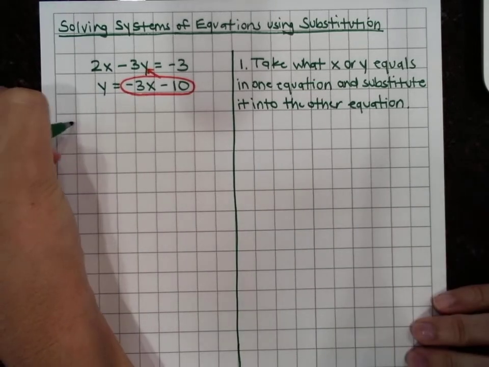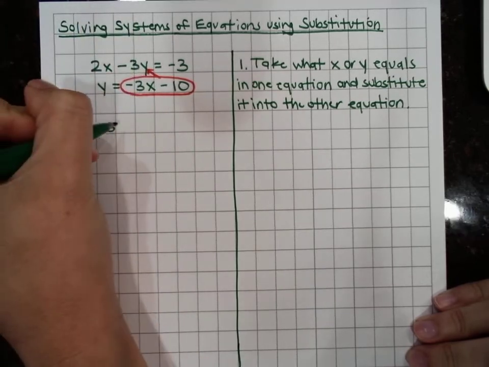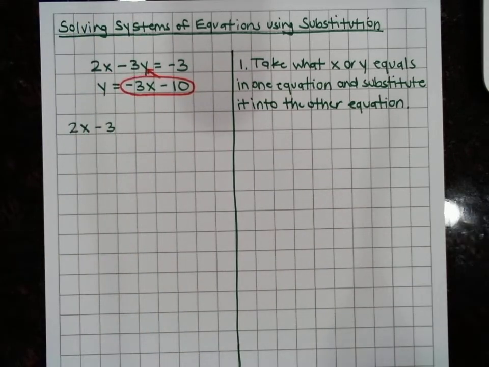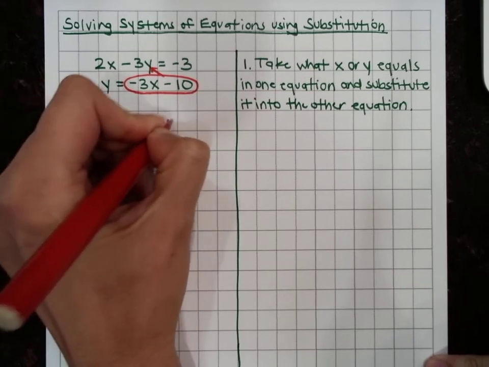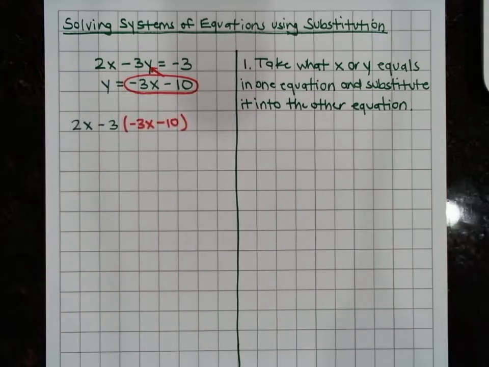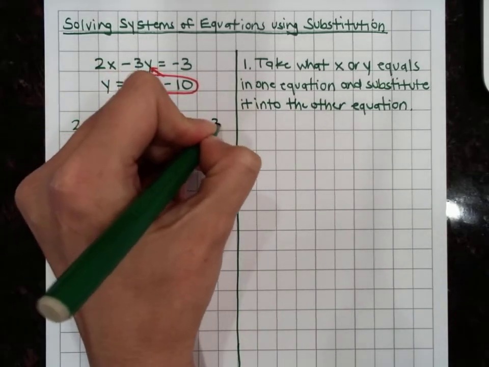So we have 2x minus 3 times y, but we know what y is. Y is negative 3x minus 10. And that's going to equal negative 3.